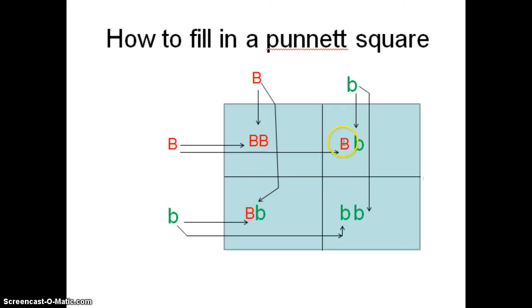So 1, 2, 3 are all big. So 75% phenotypically are big. But then I have a homozygous recessive, so here I'm actually seeing the baby size. So 25%, or 1/4 of the offspring would actually be baby sized. So that's how we describe things phenotypically and genotypically.